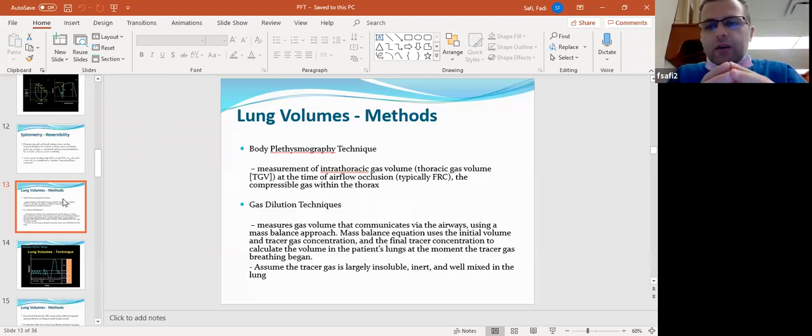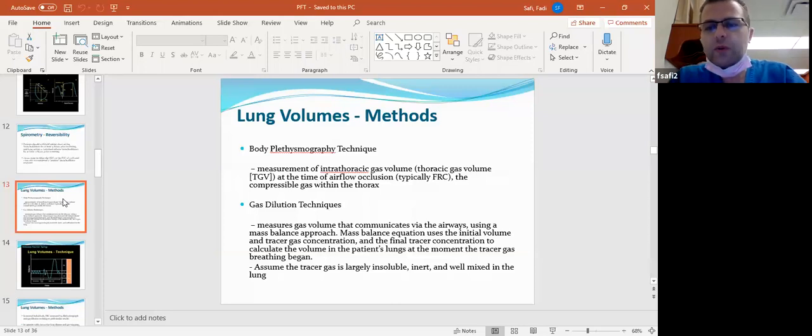So you sit in a body box, a closed glass box, in which they measure the amount of air and the amount of pressure.